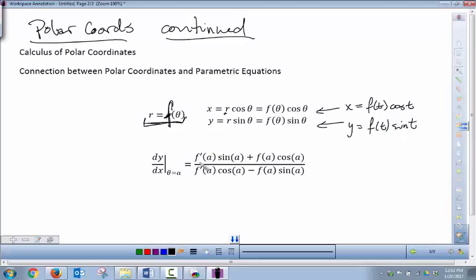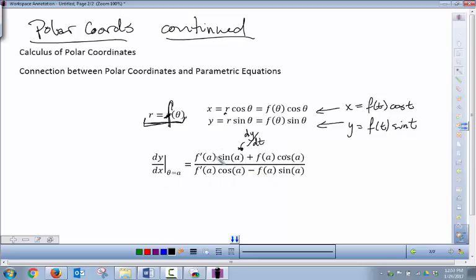It's going to be the derivative of the first times the second, which is sine, plus the first, f, whatever f is, times the derivative of the second, which is cosine. So that's dy dt, or dy d theta.